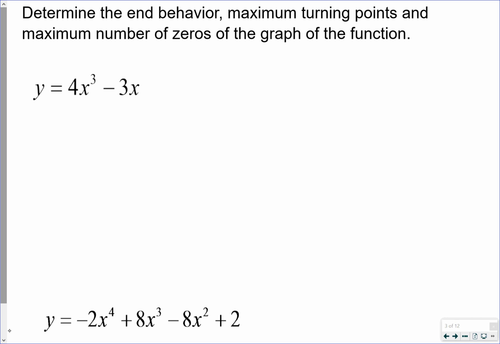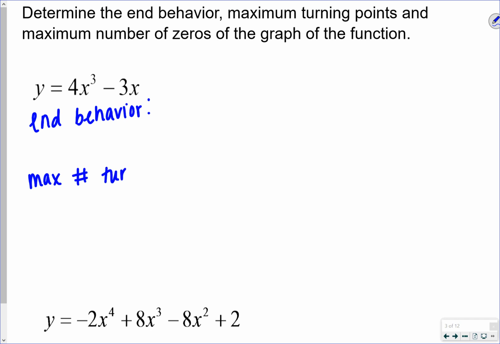Okay, so we are going to determine the end behavior, the maximum number of turns, and the maximum number of zeros of each of these functions.